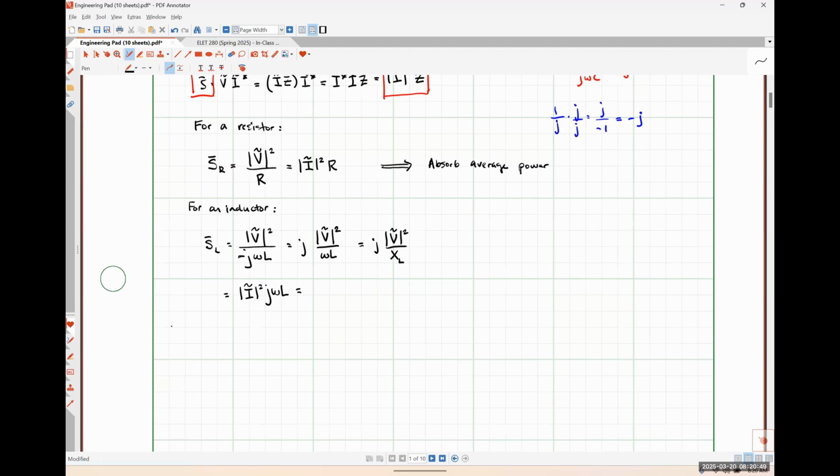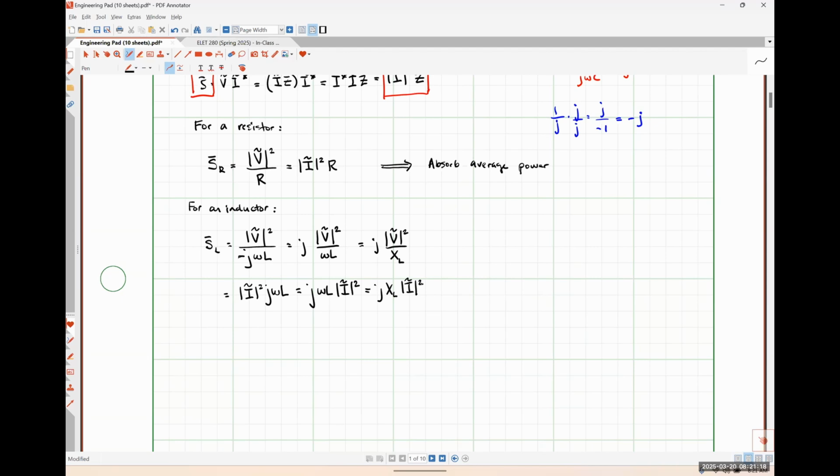All right, so we have I squared times J omega L. So I could write that as J times omega L times the magnitude of the current squared, or JXL times the magnitude of the current squared. So what can we see from these relationships?